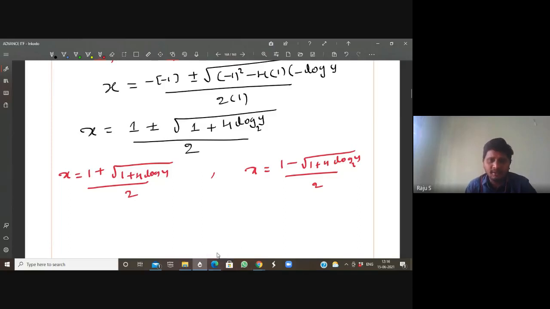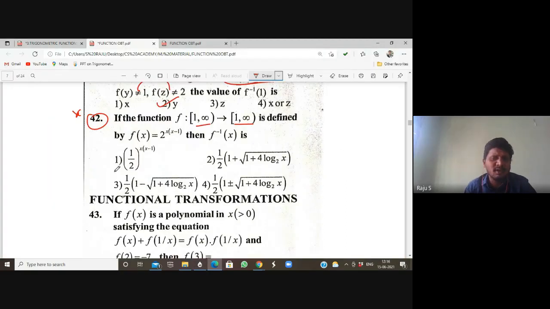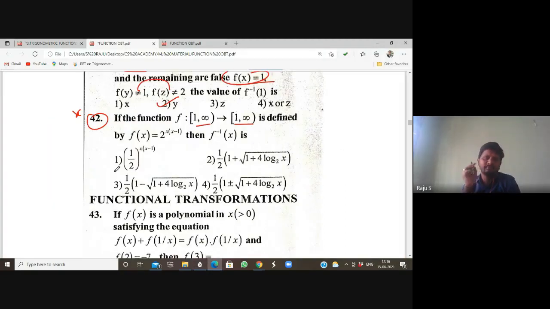See, if you think it is easier, both the answers are correct. What is the correct answer now? We got plus or minus. What is the right answer, student? Yes, we got 1 by 2 outside, 1 plus or minus root of 1 plus 4 log x base 2. Right, at last if we write in terms of x, this is the f inverse of y value.